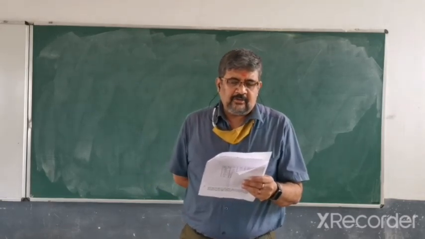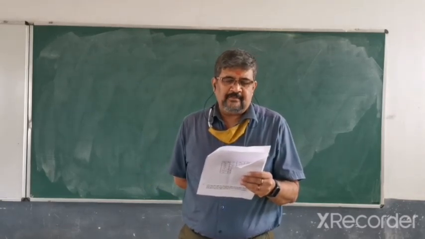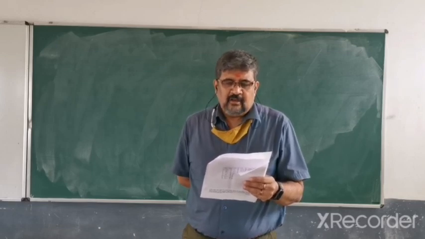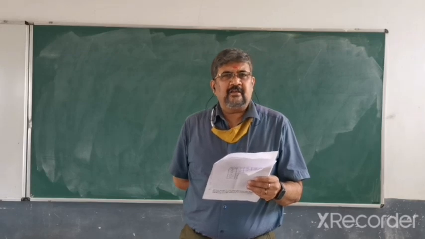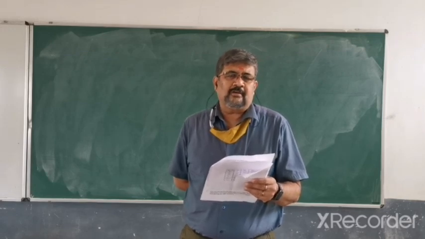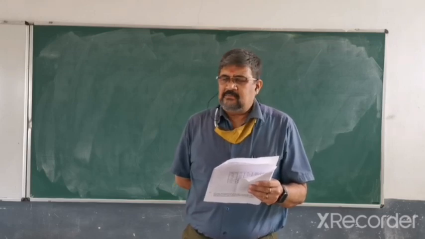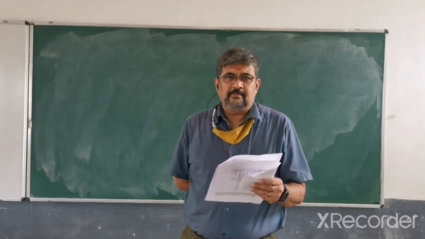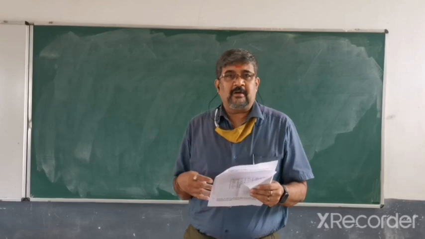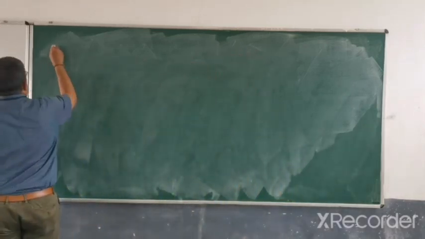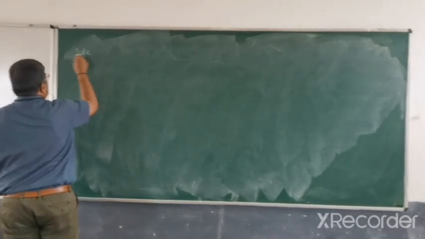Bore is 200 mm, stroke is 280 mm, speed is given, then torque on the brake drum, mean effective pressure, fuel consumed, calorific value, everything is given. You just have to substitute in the respective equations and get the answers. And there can be nothing simpler than this, okay, and it is for 8 marks directly. So I'll just write down the data and then very quickly tell you how to solve this problem.